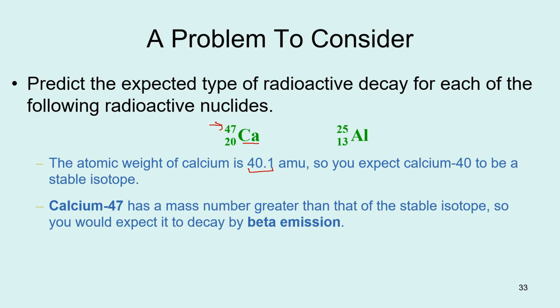If you go to 20 protons and then go up to the band of stability, which would be 20 and 40, then this 47 is kind of over here, to the left of the band of stability, so it will undergo beta emission. It wants to convert neutrons to protons, so beta emission gets rid of those neutrons.